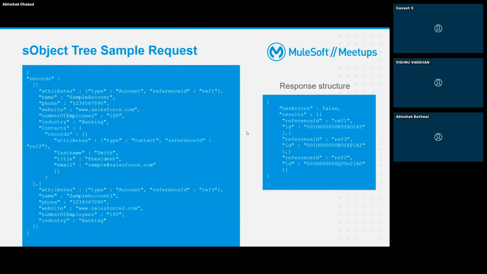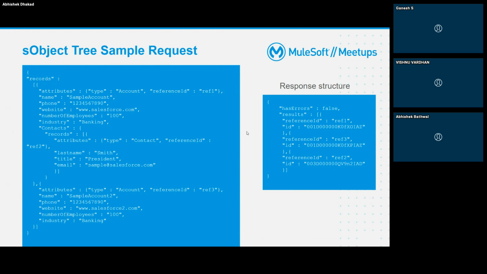So, okay. Since you can see, this is the entire request, sub request I would say, and the parent node is account. And inside of the account parent node, you are creating a contact. So that's how the connection between account and contact is established in S object tree. Okay. Exclusively, we need not give the record ID or reference ID. Correct.